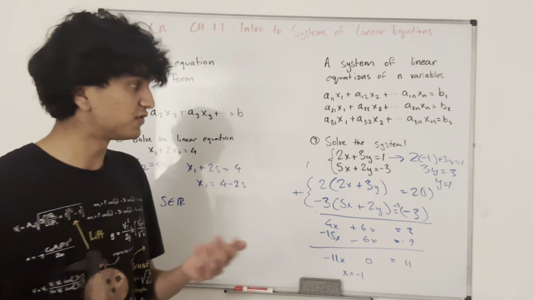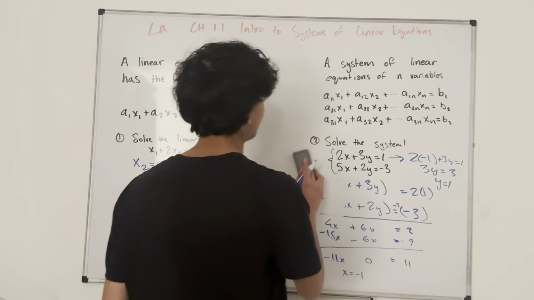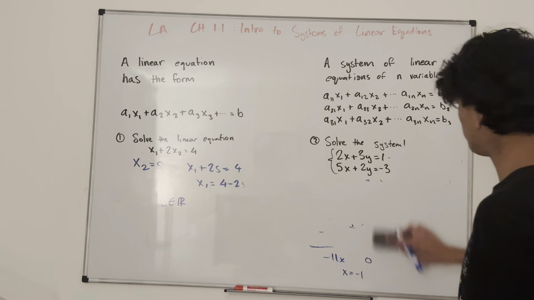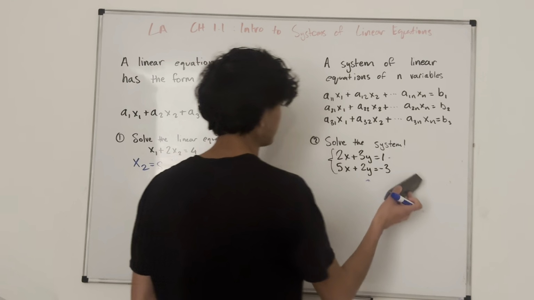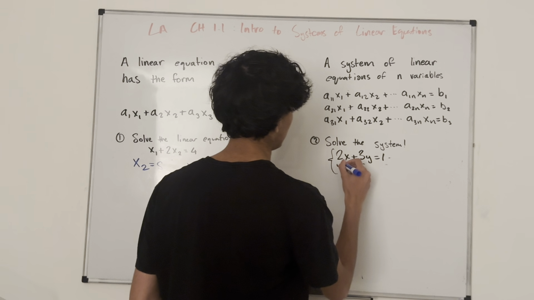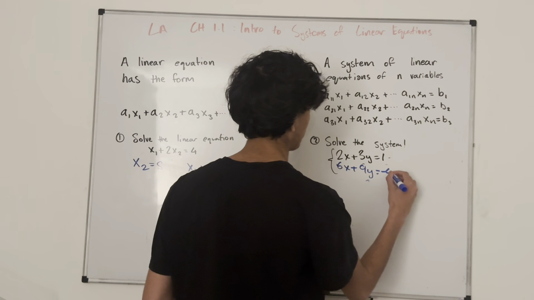Some systems of equations, you might have come across them, have no solution. So let's think of the case if you had, instead of 2x plus 3y equals 1, let's say we had 6x plus 9y equals negative 4.